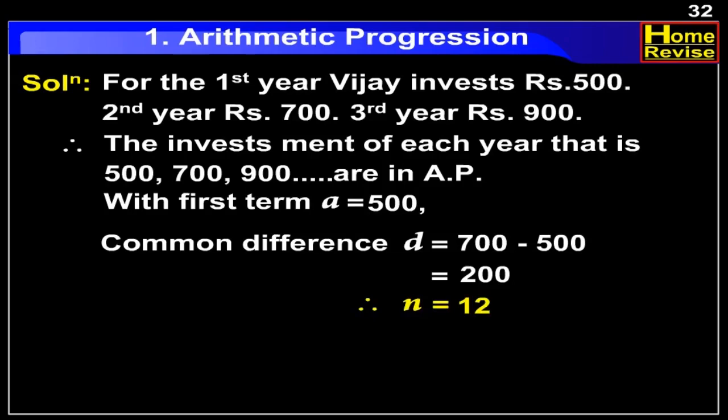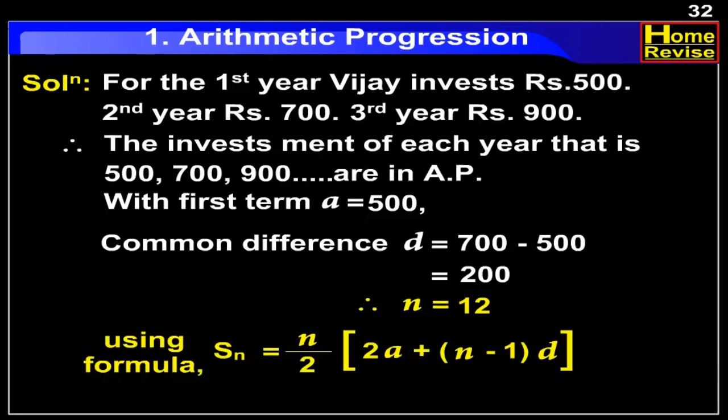Now, to find the total amount invested in 12 years, we have to use the formula Sn is equal to n upon 2 into, in bracket, 2a plus (n minus 1) into d.